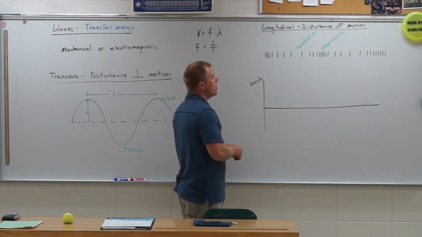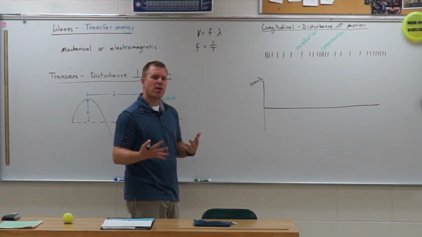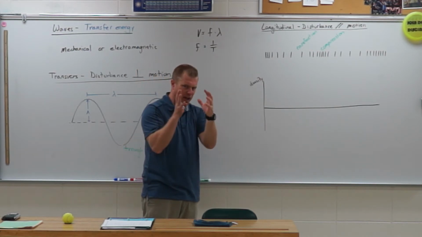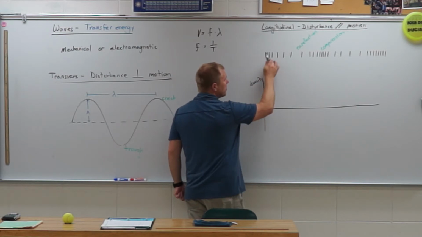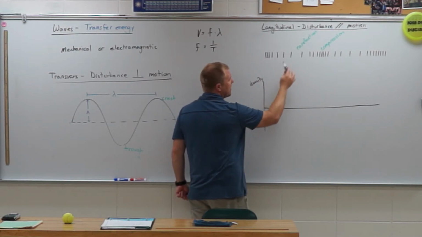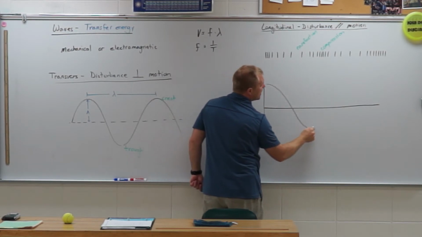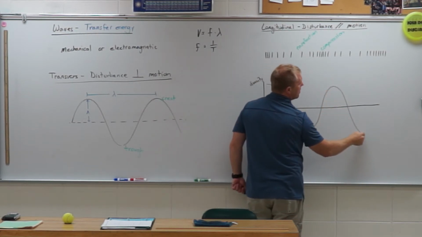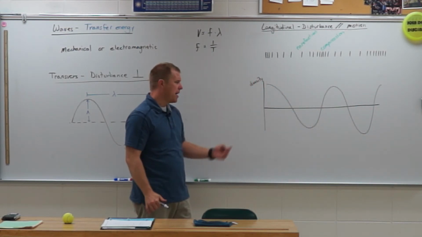Okay? And so what we do with these longitudinal waves is we'll typically graph their density. Where's the pressure the highest? Where's the density the highest? And the lowest. And so what this would look like is here I have a high density, and then it goes to a very low density. And then it comes back to high, then back to low, then back to high. And so we end up with this wave pattern.